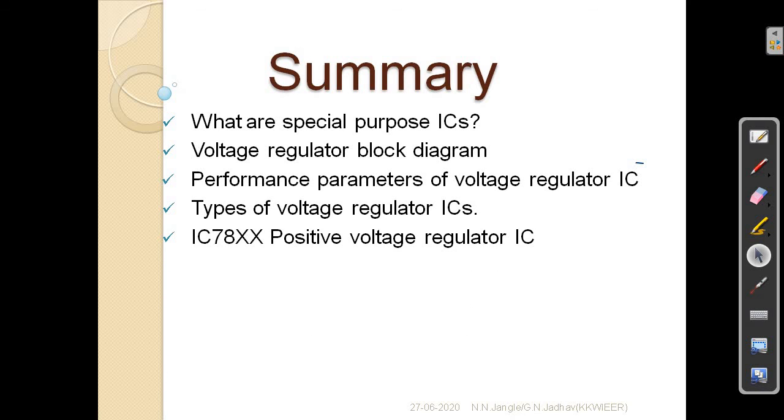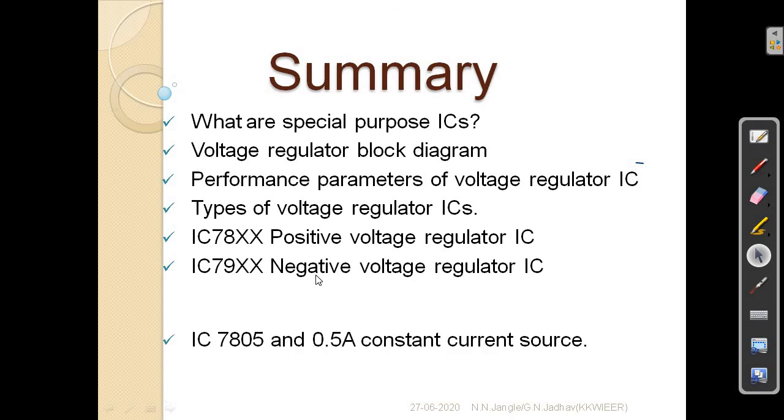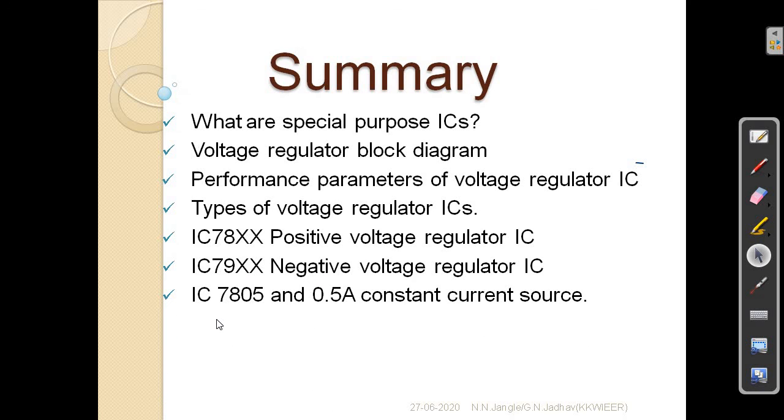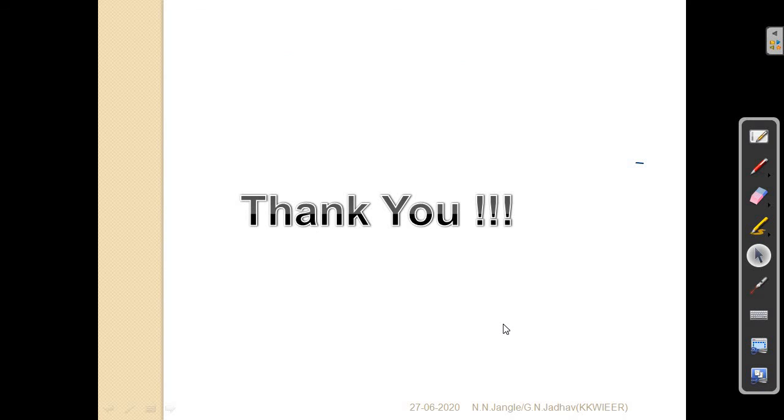Then we have seen the IC 78XX positive voltage regulator IC, where 78 represents positive and XX represents the output voltage of that IC. Similarly IC 79XX, where 79 represents negative voltage regulator IC and XX represents the negative voltage at the output. Then we have also seen IC7805 as a 0.5 ampere constant current source. So here we have completed the fixed voltage regulator ICs.